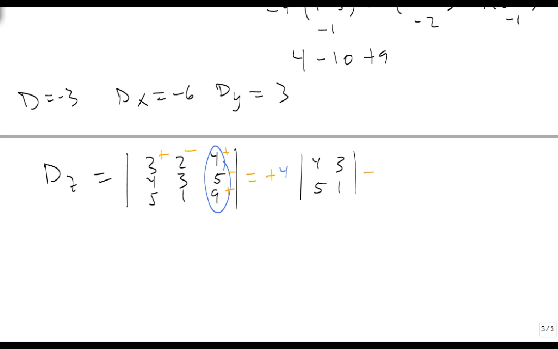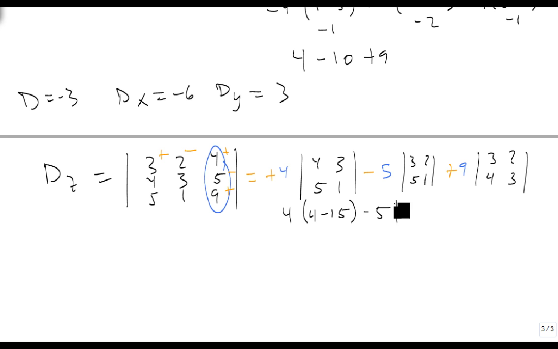Minus 5 times 3, 2, 5, 1, plus 9 times 3, 2, 4, 3. So this becomes 4 times 4 minus 15, minus 5 times 3 minus 10, plus 9 times 9 minus 8.